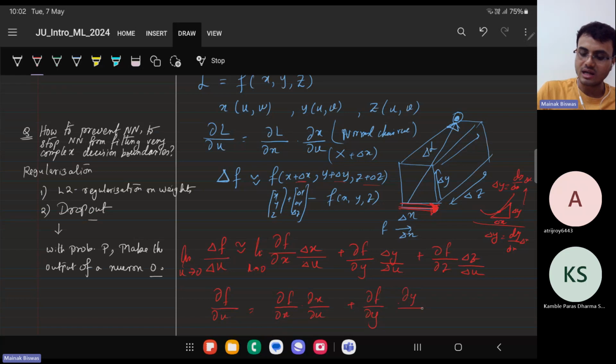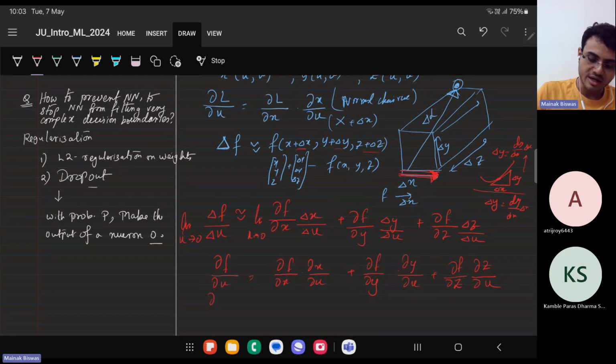This is your multivariate calculus chain rule. Whatever a function in turn depends on, you have to change all those functions and then again change those functions, and take the sum of all the products instead of one value. Similarly, for v also you can write. What will be the v?